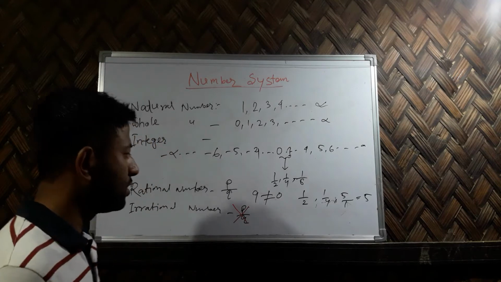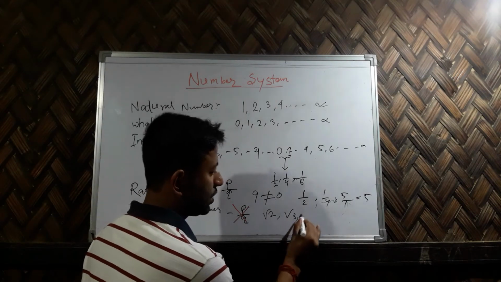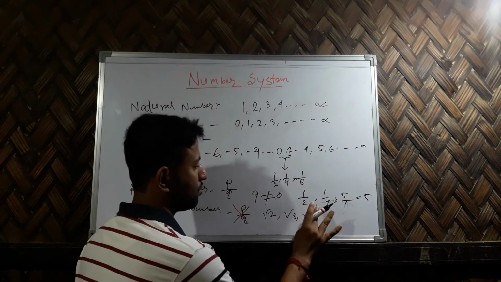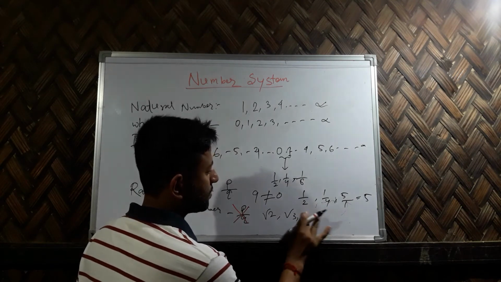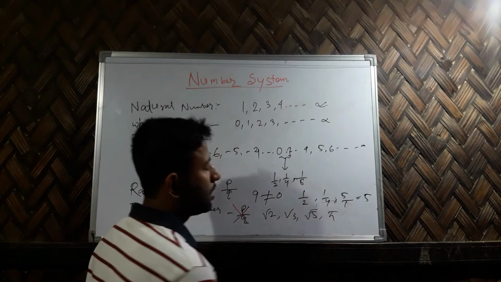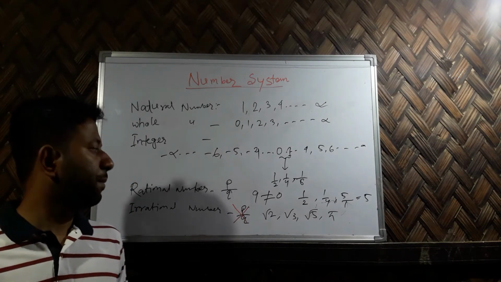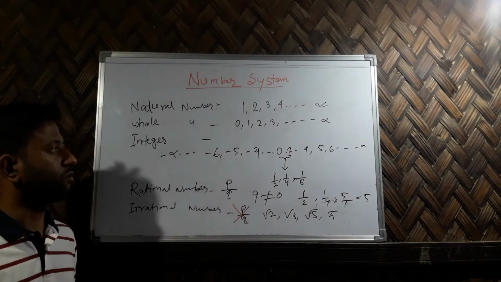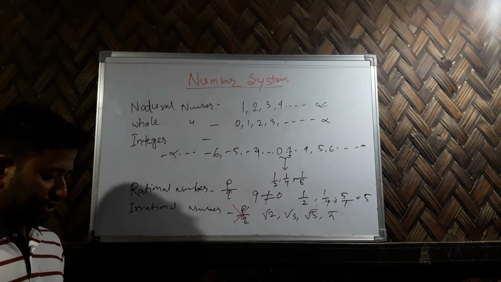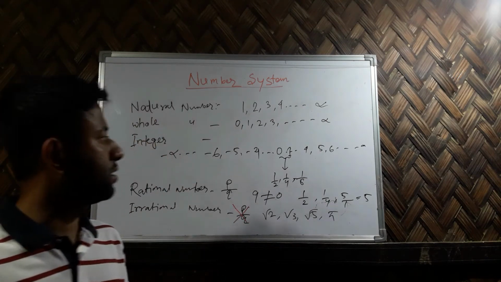For example, root 2, root 3, root 5. You cannot express all these numbers in the form of p by q. That's why I call all these numbers irrational numbers. I will explain all of them separately in detail.